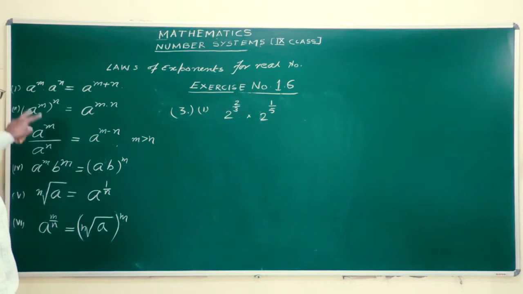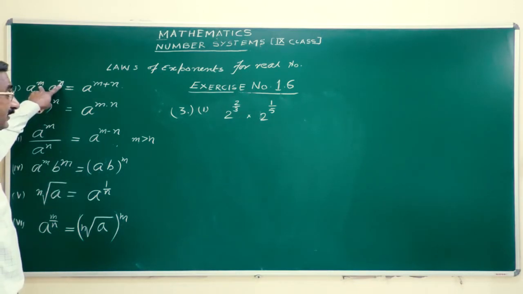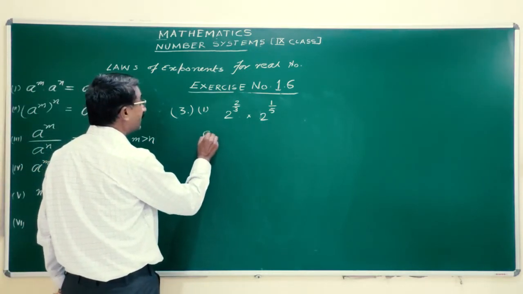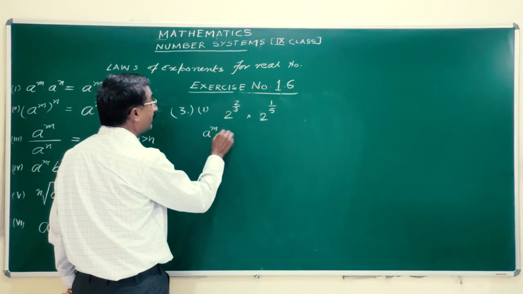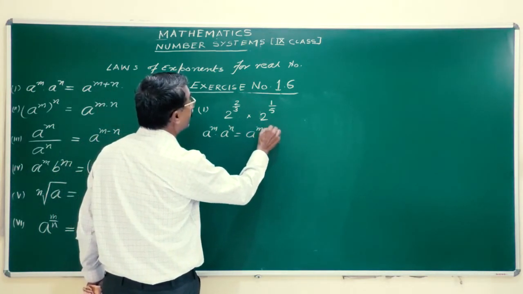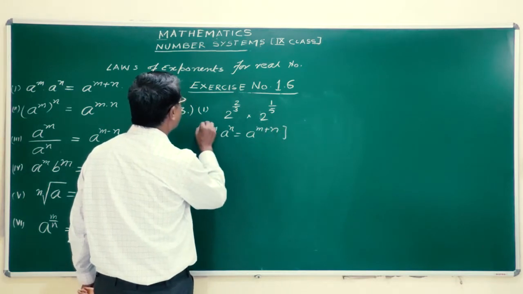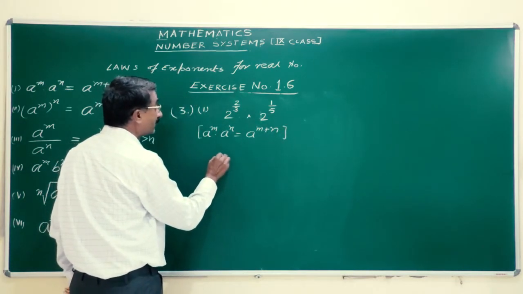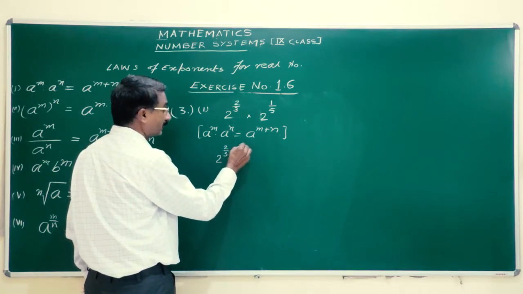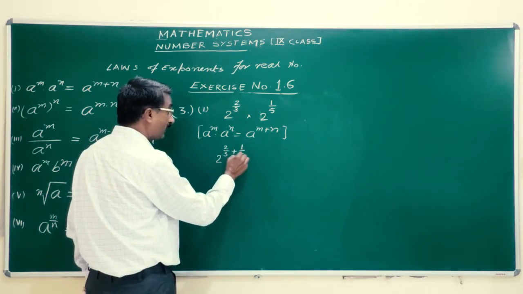You can see base is common, 2 is common, power is different. So, we will use identity 1. Which identity I will write here: a raised to the power m into a raised to the power n is equal to a raised to the power m plus n. This identity we will use. So, this is equal to 2 raised to the power 2 by 3 plus 1 by 5.